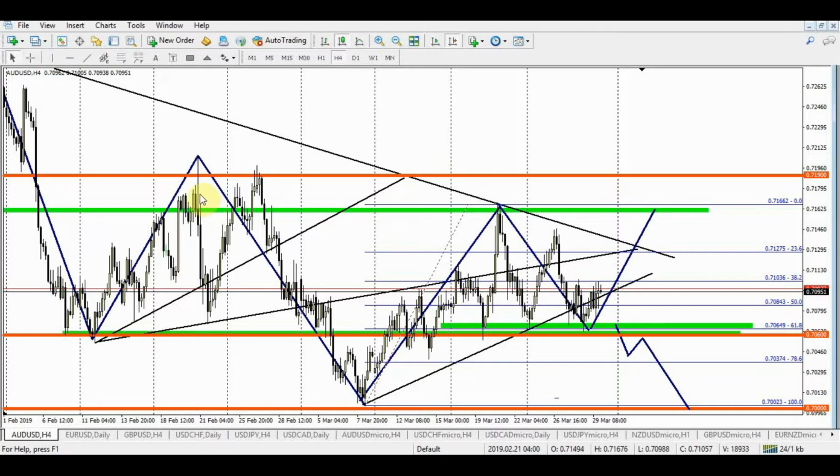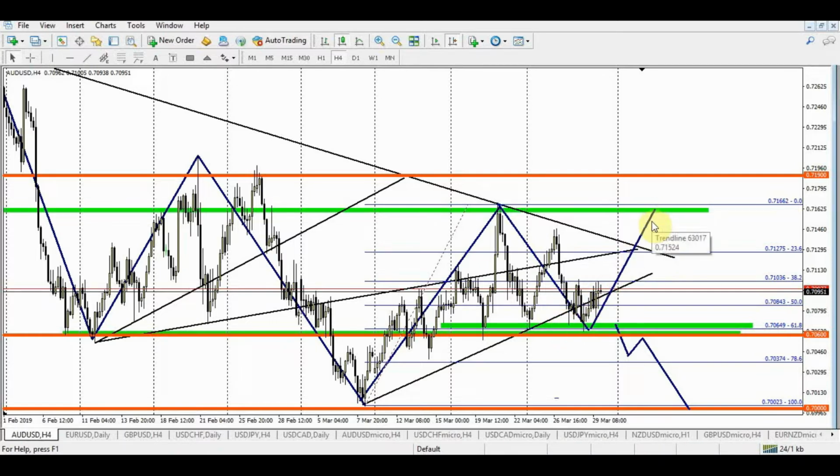It's still the same inverse head and shoulders that I've been talking about. We traded from this point here up here and back here again. Still at a retest moment here. It's sitting at the 61.8 level, so I'm guessing that it's rejecting to take it to the upside.